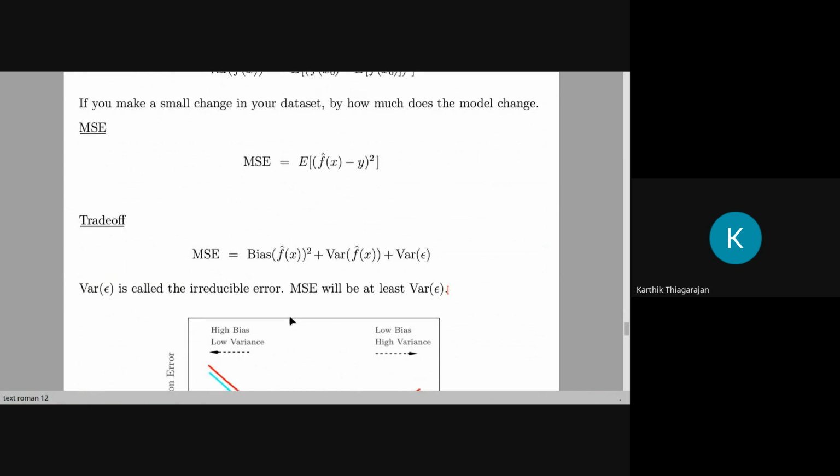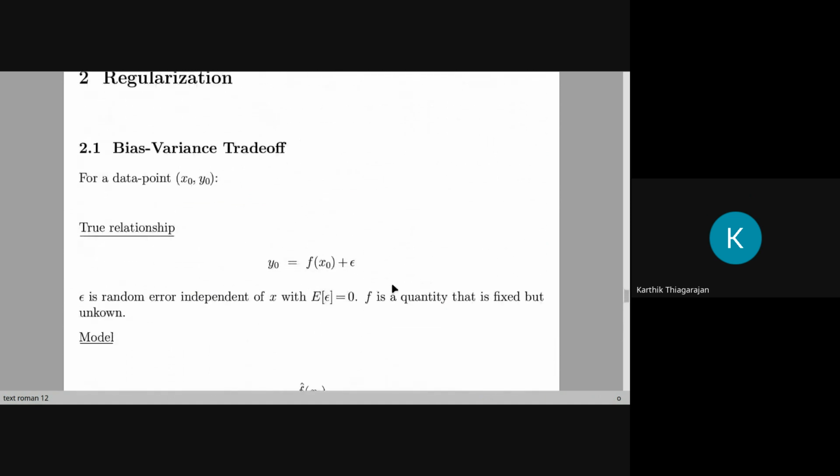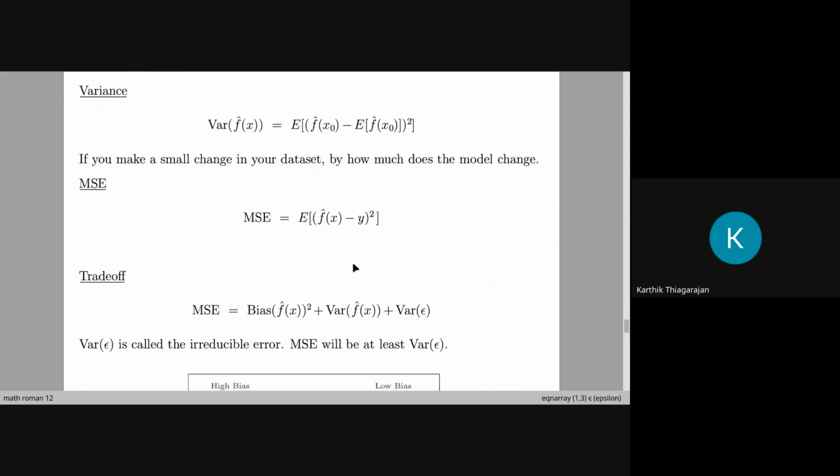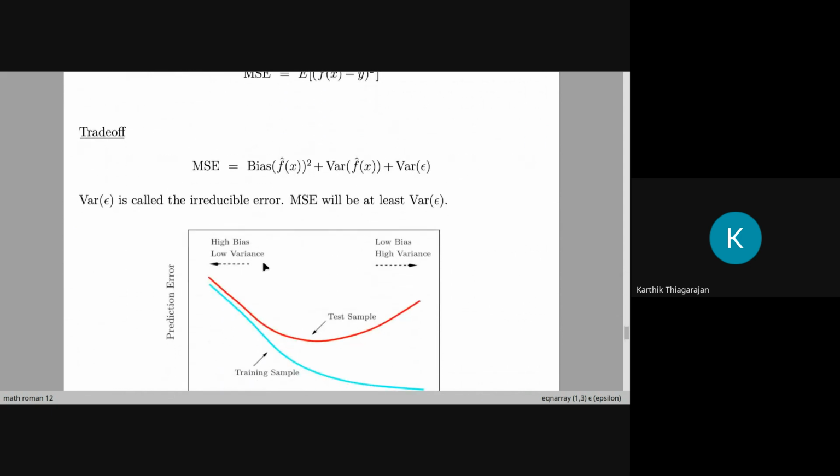This doesn't depend on the model choice. This irreducible error is a part of the data set itself. If you think about it, this is how the data is. So there is some loss term that will be introduced by this error. I hope it's somewhat clear now.